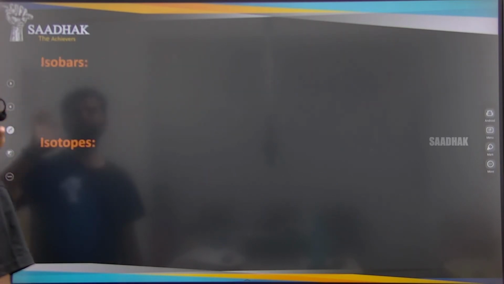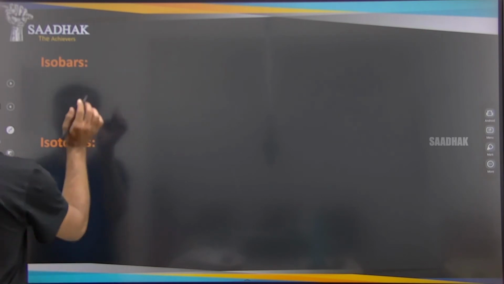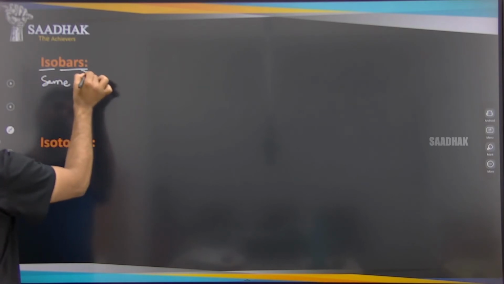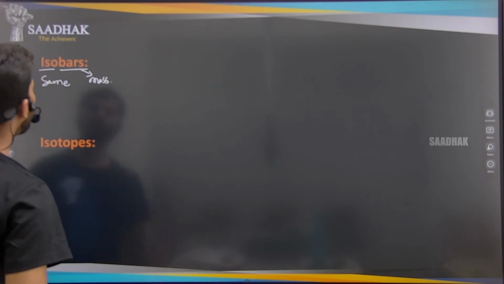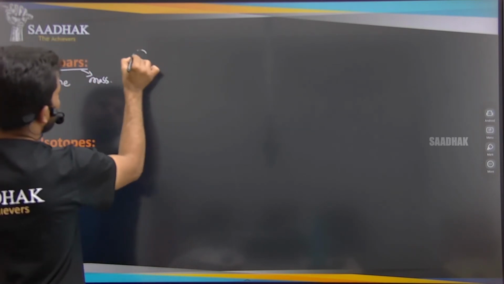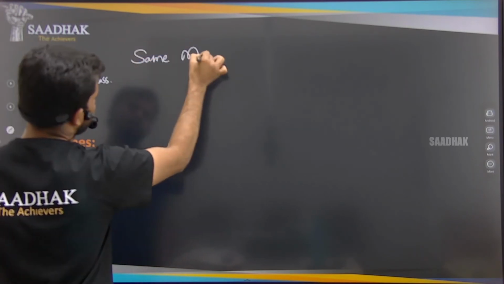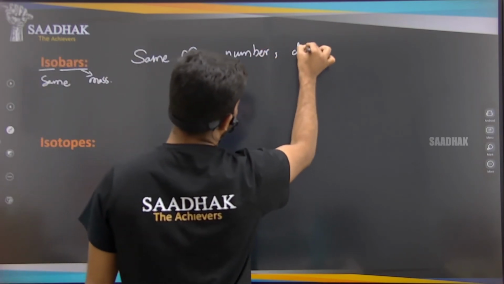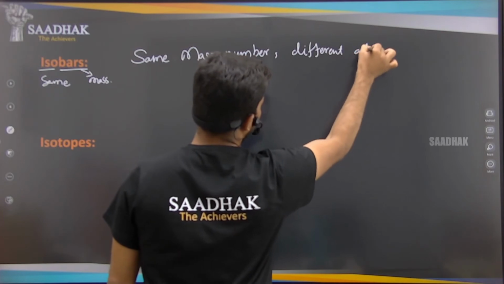Next we have isobars. You know already that iso means same and bar represents the mass. So isobars are atoms which have the same mass number but different atomic numbers.